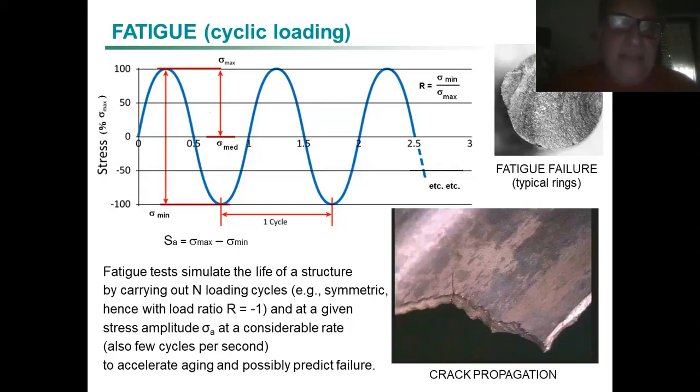Fatigue loading needs to be performed between the stresses which are likely to be the normal use stresses. It's obvious that you don't load your bicycle wheel at ultimate stress because otherwise it would break. So we measure the ultimate stress with the idea that we want to use the bicycle wheel at a stress much lower than the maximum one.